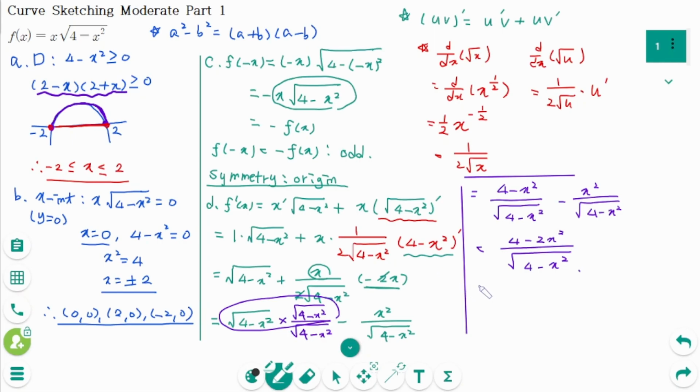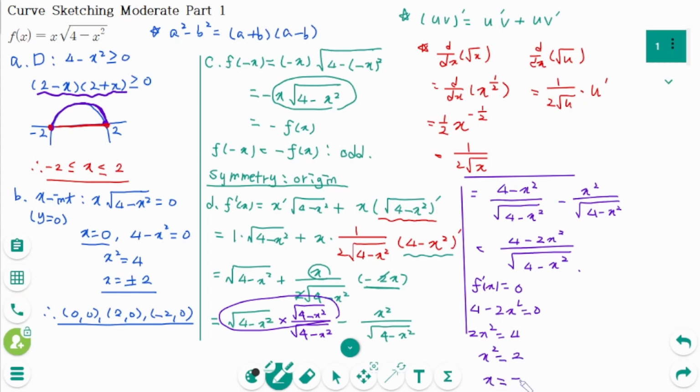Then f prime of x equals 0. That means the numerator is 0. 4 minus 2x squared equals 0. Then 2x squared equals 4. x squared equals 2.